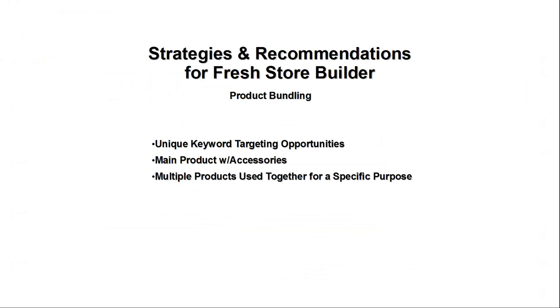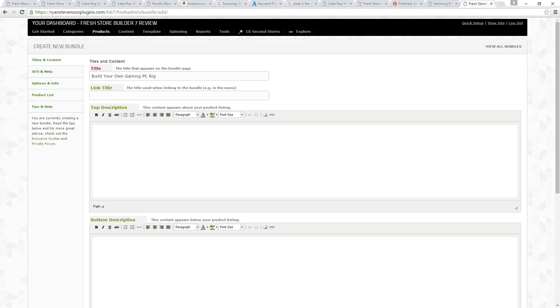The other main type of bundle that you can do is to basically bundle multiple, what you might call main products together when they are used together for a very specific purpose. That way, that specific purpose, whatever it might be, becomes the keyword phrase that you're trying to target for that particular bundle to try to get it sold.